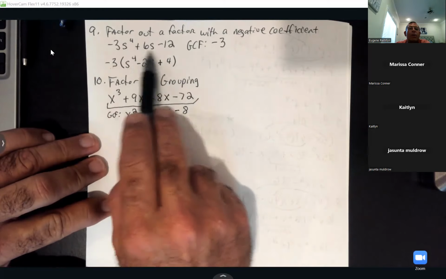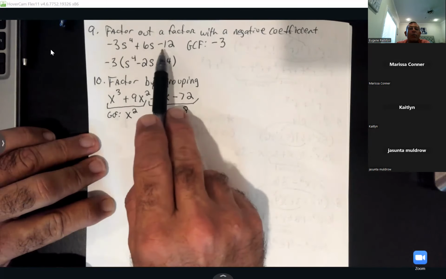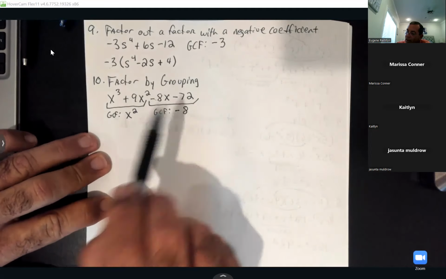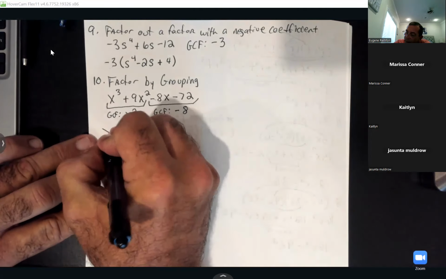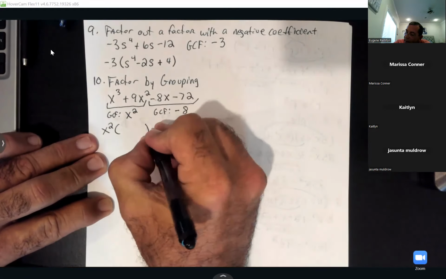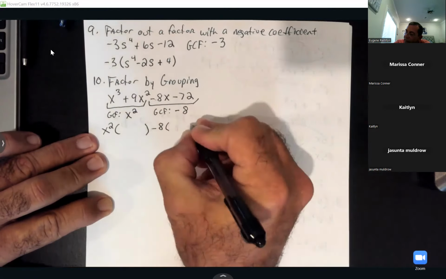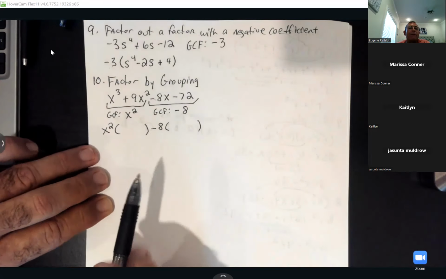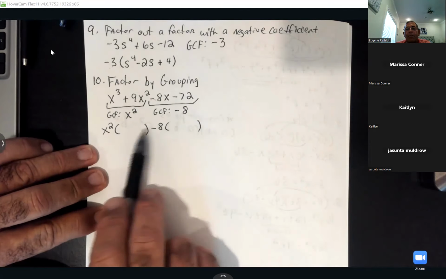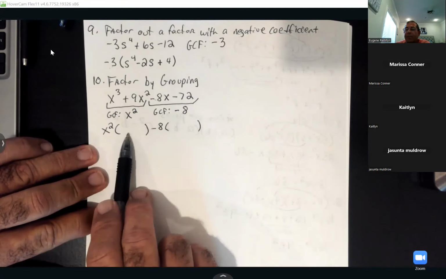And that's why they were sort of doing this work with you, so you would be good at factoring out these negative numbers. All right, so what's going to happen? We'll have our first GCF followed by the parentheses, our second GCF followed by parentheses. Remember, at this point, these parentheses got to match up.